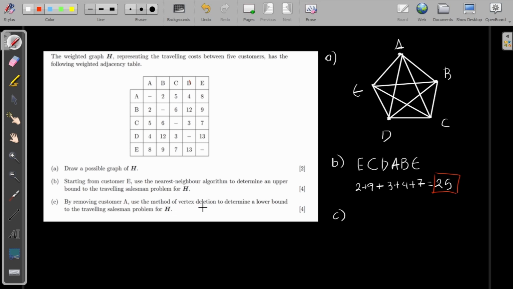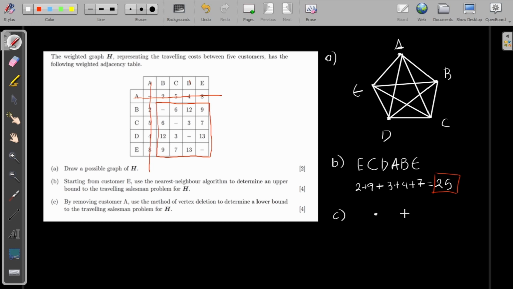How do I do that? To find the lower bound, after deleting this vertex A, I need to find the minimum spanning tree for this table here. There are many ways. You can use Prim's algorithm, Kruskal's. I consider Kruskal's the easiest. So what do I do?